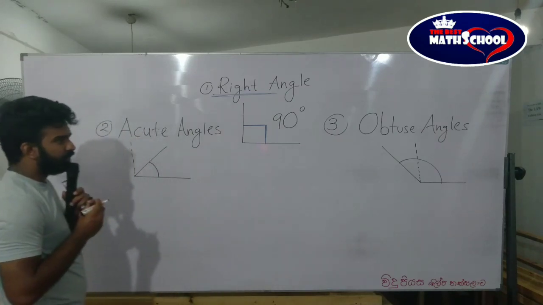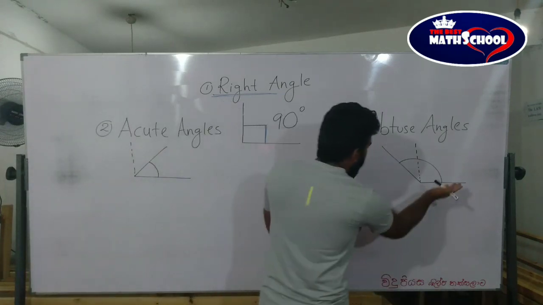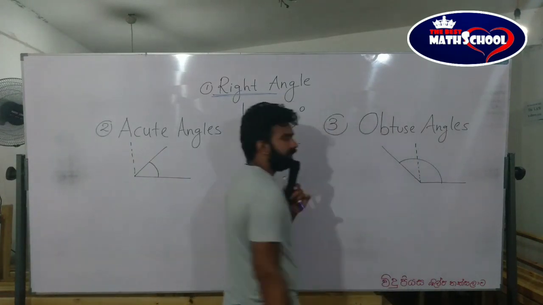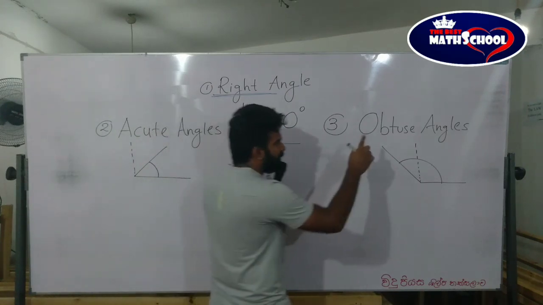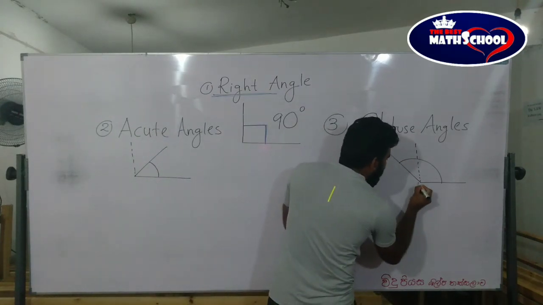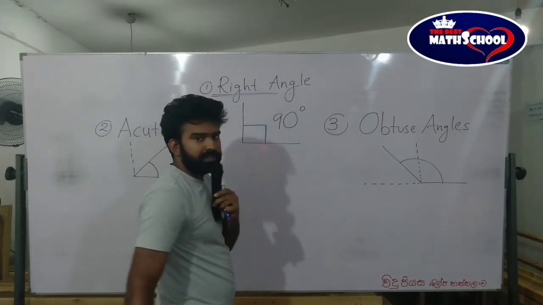Right. So there is another condition. We can't go further like this, right? There is a limit. That means this obtuse angle should not exceed the limit of 2 right angles.